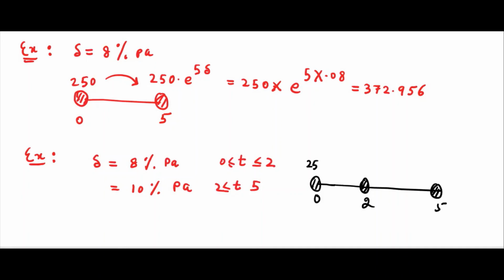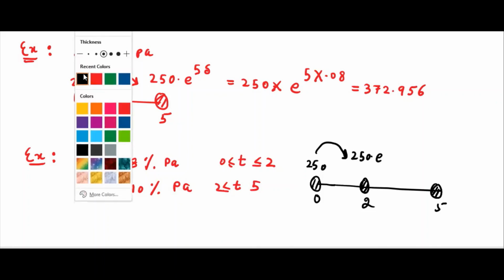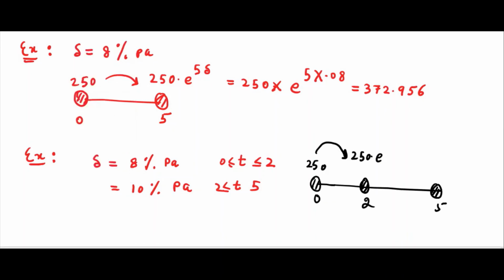You have deposited 250. This will grow to 250 e power 2 delta. Here 8% you need to write. Let me write 8%. 0.08 into 2, 0.16. This one for 3 years.